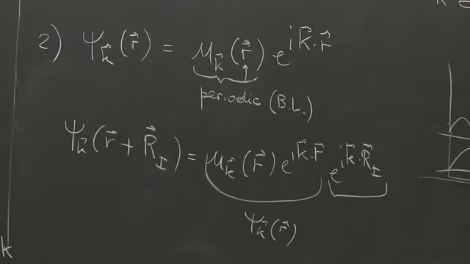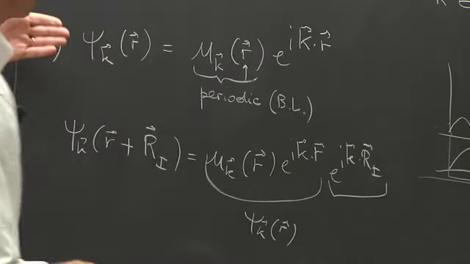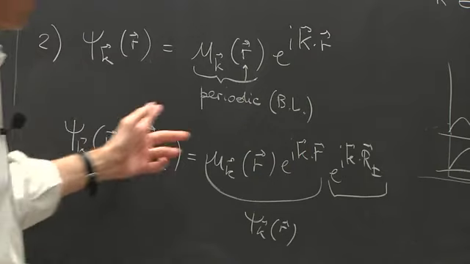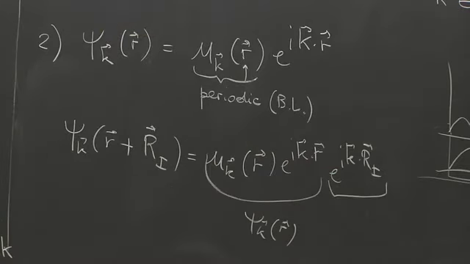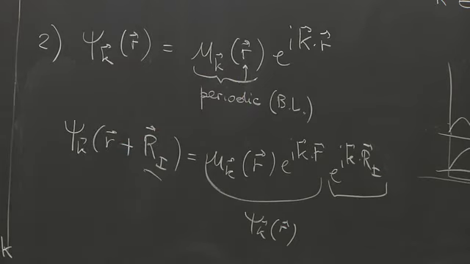So Bloch's theorem is precisely a statement about the residual symmetry property of the wave functions, which is a consequence of the translational symmetry of the potential. And it's essentially this statement here, or if you wish, this one. That is, the wave function acquires a phase which is proportional to the vector we use to shift the function itself.